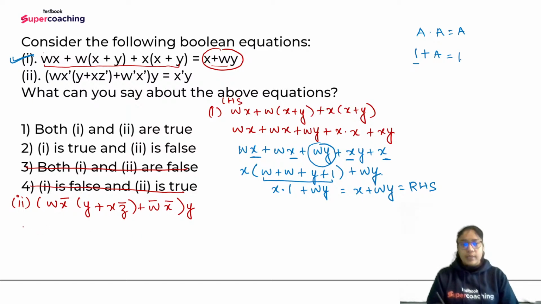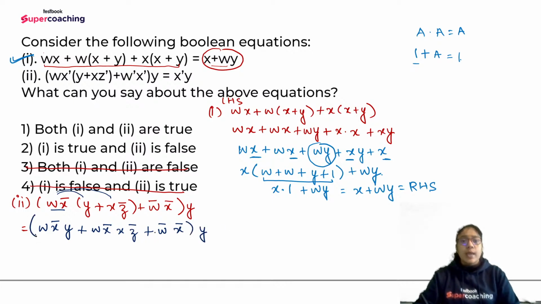So this expression will be written as wx complement y. I'm multiplying this term with y and xz complement. This is wx complement xz complement. Brackets opened, plus w complement x complement and we have y here.